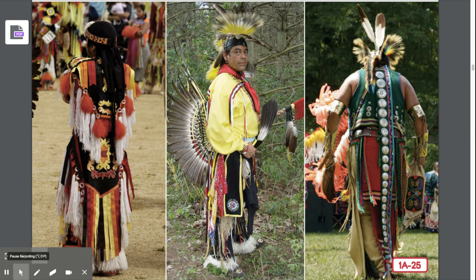What kinds of things did the Native Americans of long ago use to make clothes? Did you say that the Native Americans used animal skins, trees, and plants to make clothes?